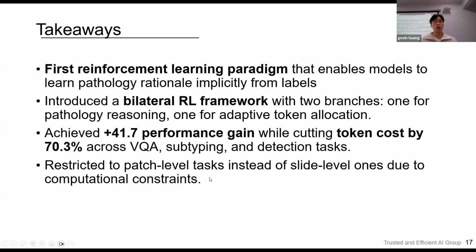And it achieved 41.7% performance gain while cutting token cost by 70% across VQA, subtyping, and detection tasks. However, it is restricted to patch-level tasks instead of slide-level ones due to computational constraints.